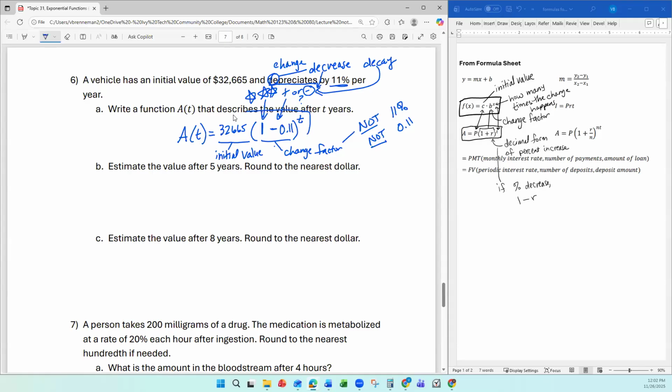So this would work. It could also be A of t equals 32,665, bullet, the little multiplication thing, 0.89 to the t. If you go ahead and do the subtraction, you could also do that with parentheses.